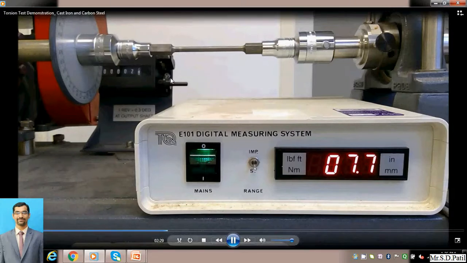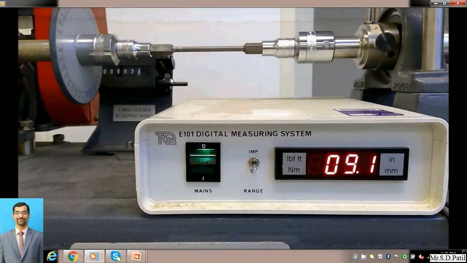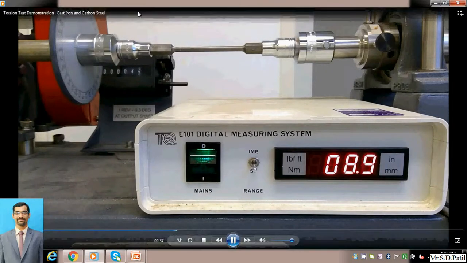Initially the force is applied gradually and slowly, so it can build the torque along this component. A very slow revolution is carried out, and the disk has very small rotations. Now the torque has reached almost 9.5 Newton meter.